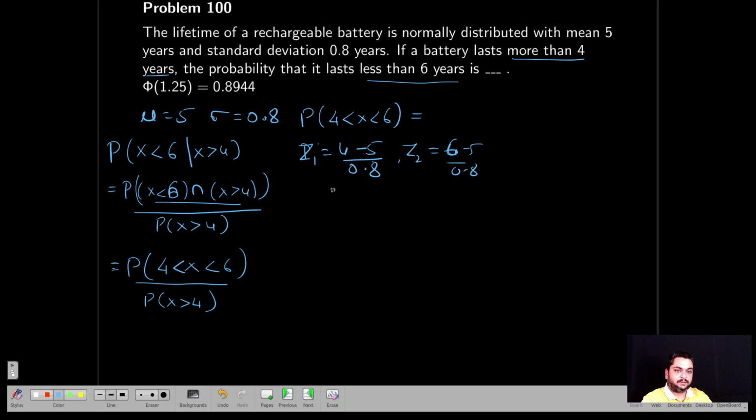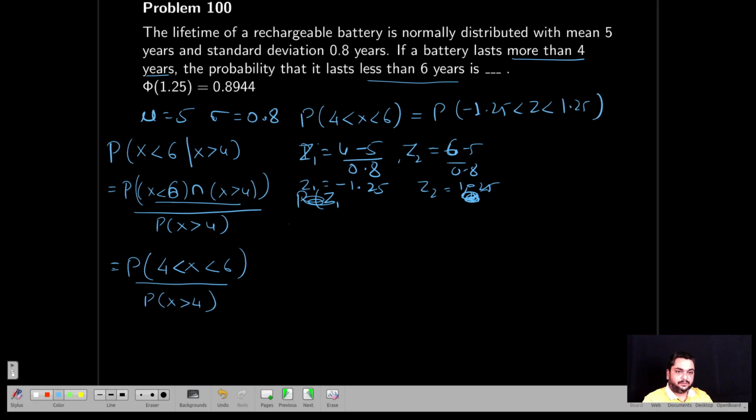What we get is Z1 equal to minus 1.25, Z2 equal to plus 1.25. So this is nothing but P of minus 1.25 less than Z less than 1.25.